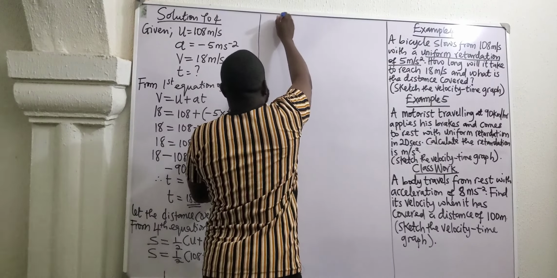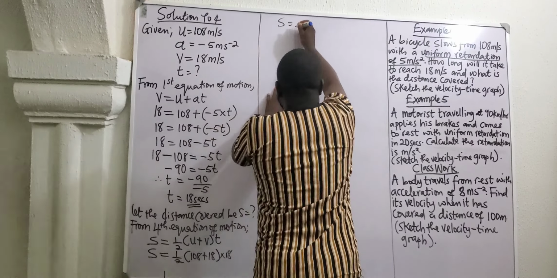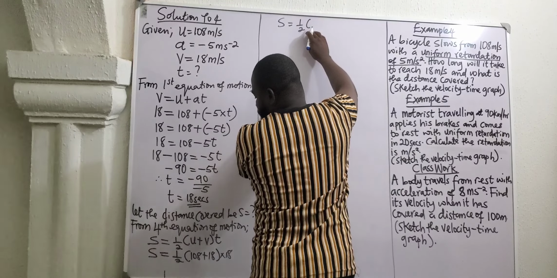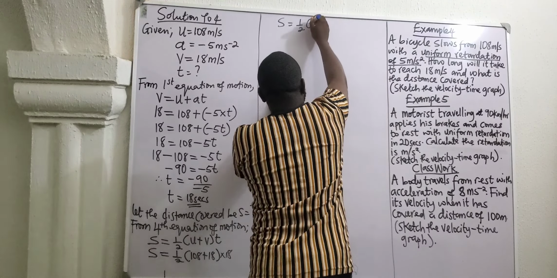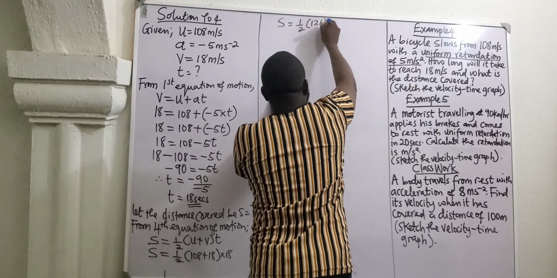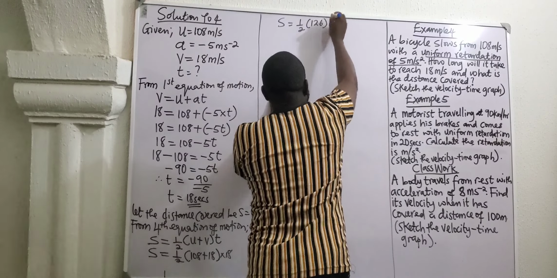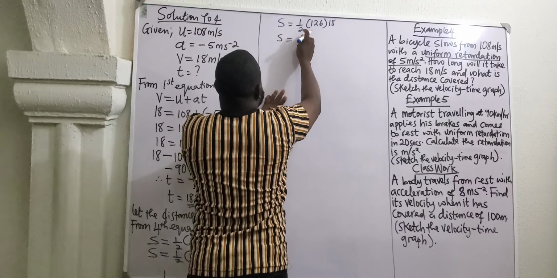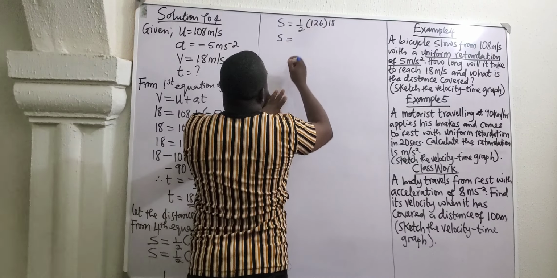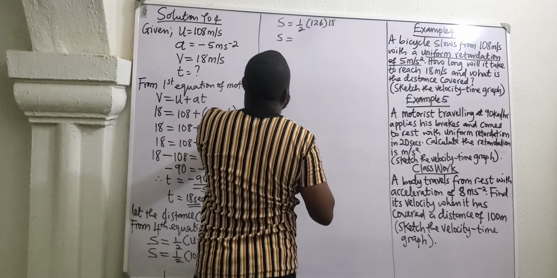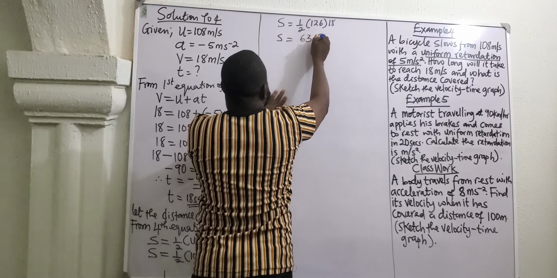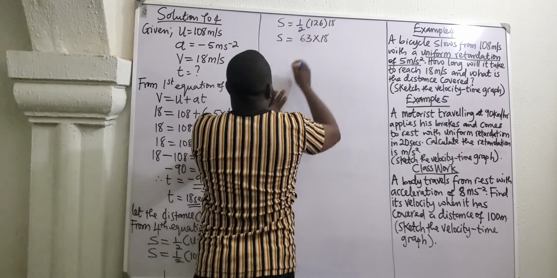That gives you s is equal to half bracket 108 plus 18, 126, times 18. So this gives you s equals 126 divided by 2 gives you 63 times 18.